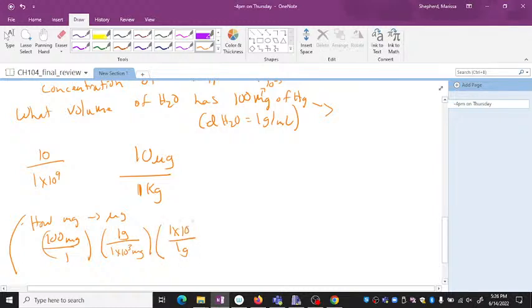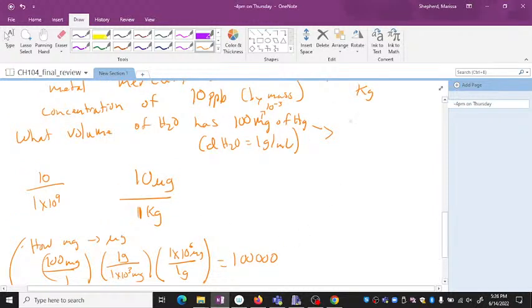There's 1 times 10 to the 6 micrograms in a gram. And so you can see you're just multiplying by 10 to the 3rd. So then you have 1 times 10 to the 5th micrograms of mercury we're looking for.